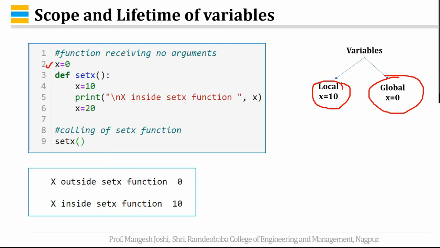Now I have defined a function, set x, and here I am setting the value of x equal to 10, and I am printing x inside the set x function. Then I'm changing the value of x to 20, and then I'm calling the set x function.